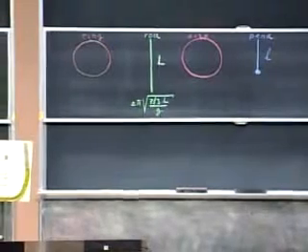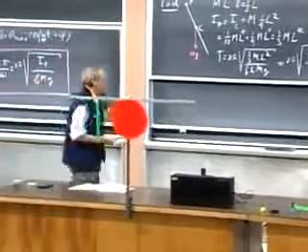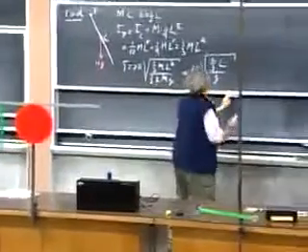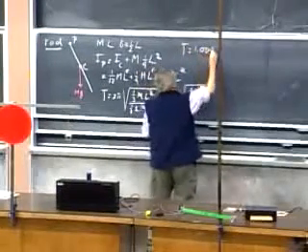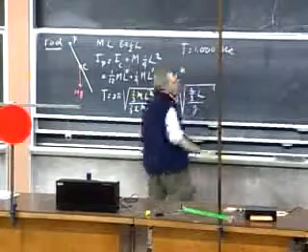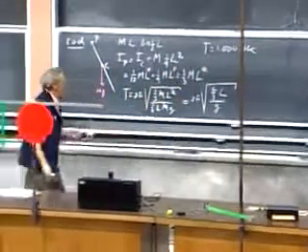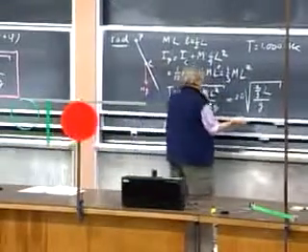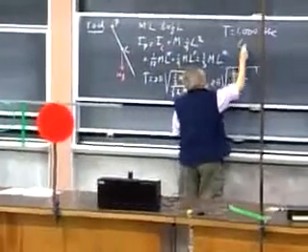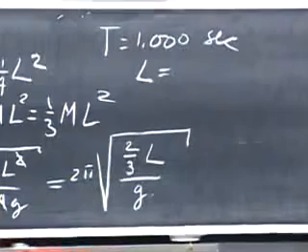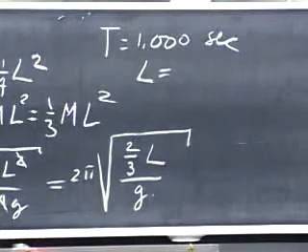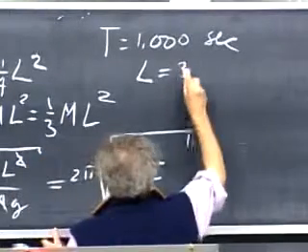The rod that we have here is designed in such a way that the period is very close to 1 second. That was our goal. So T is as close as we can get it to 1.00 seconds. And so if you substitute in this equation T equals 1, you will find that the length of this rod, if it is really pivoting at the very end, should be about 37.2 centimeters.